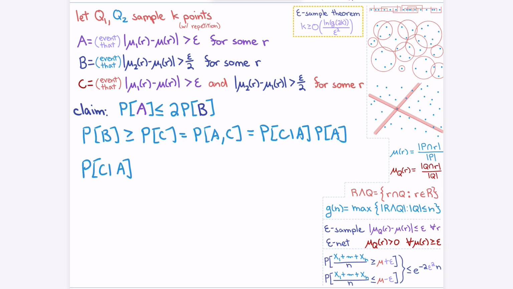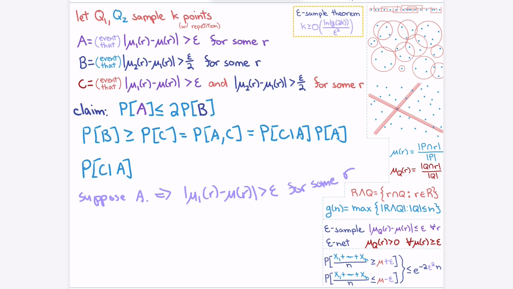So what does this mean? Let's put it this way. Suppose A. That implies that mu1 of r minus mu of r is greater than epsilon for some r. That's just a definition, right?